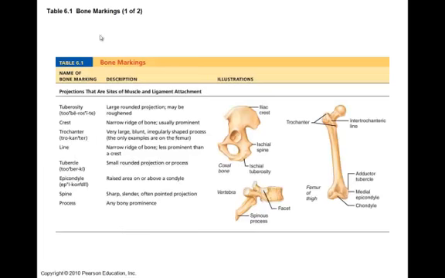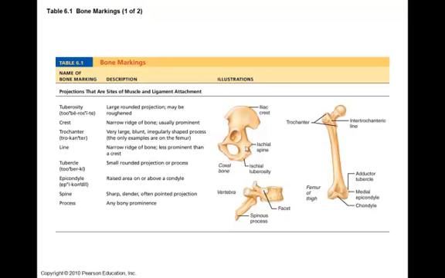Okay, now bone markings. This really should be in Chapter 7, because in Chapter 7 is where we really study bone anatomy. But I'm going to go just over a few words in this table with you, because I want you to be aware of all the different types of bone markings, or rather why they're produced. Our bones have different types of projections sticking off of them in different places.